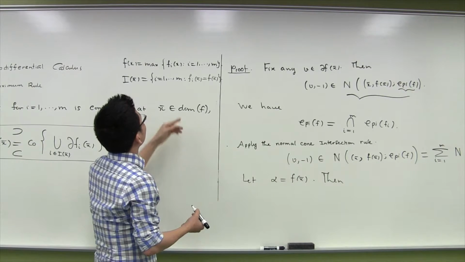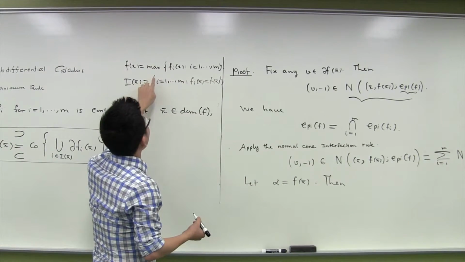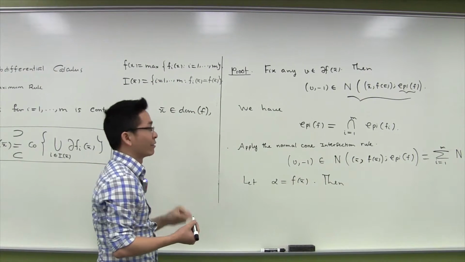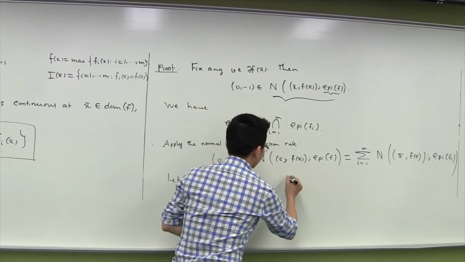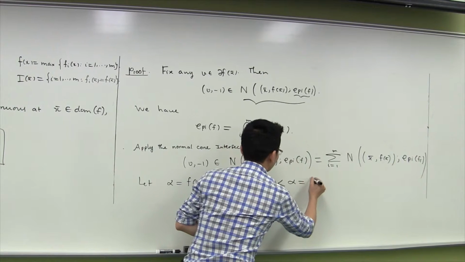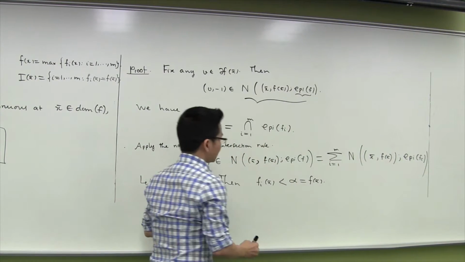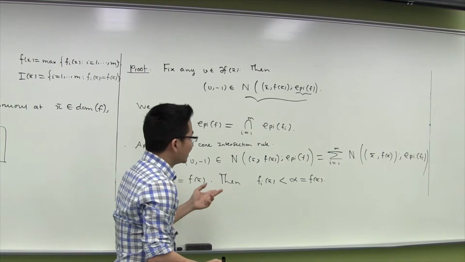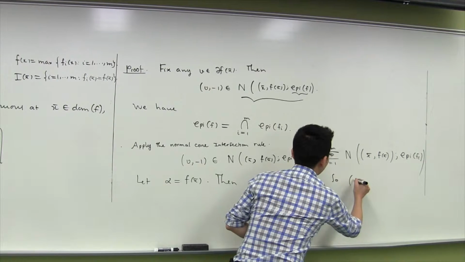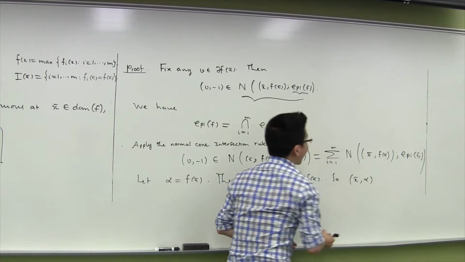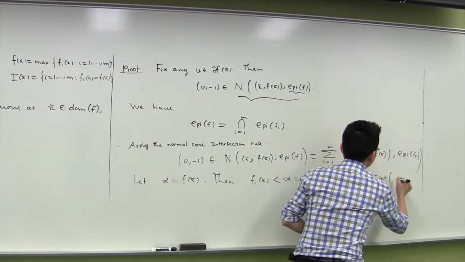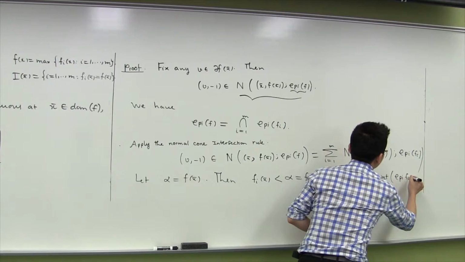But if i is not in this set, then fi of x bar is strictly less than f of x bar. So from here, you can see that this element x bar, alpha is in the interior of the epigraph of fi.